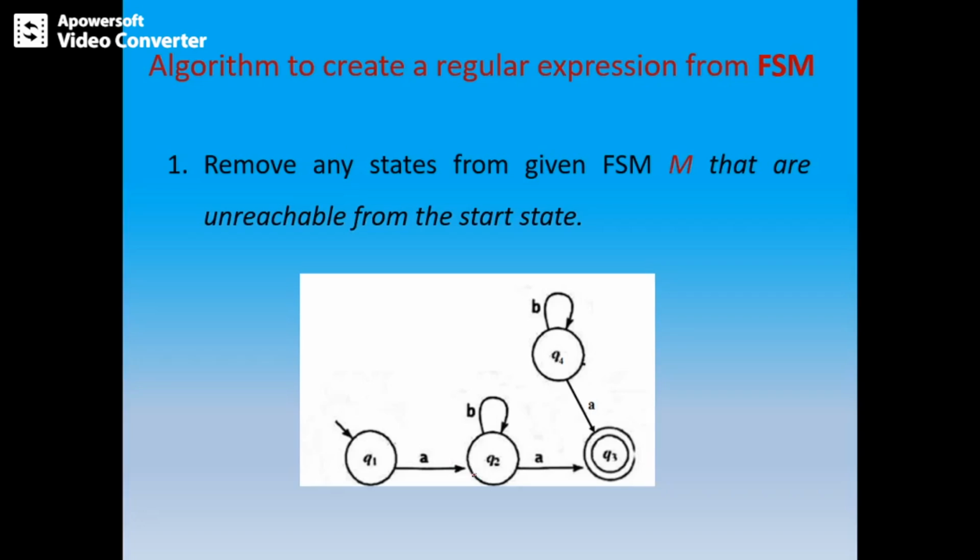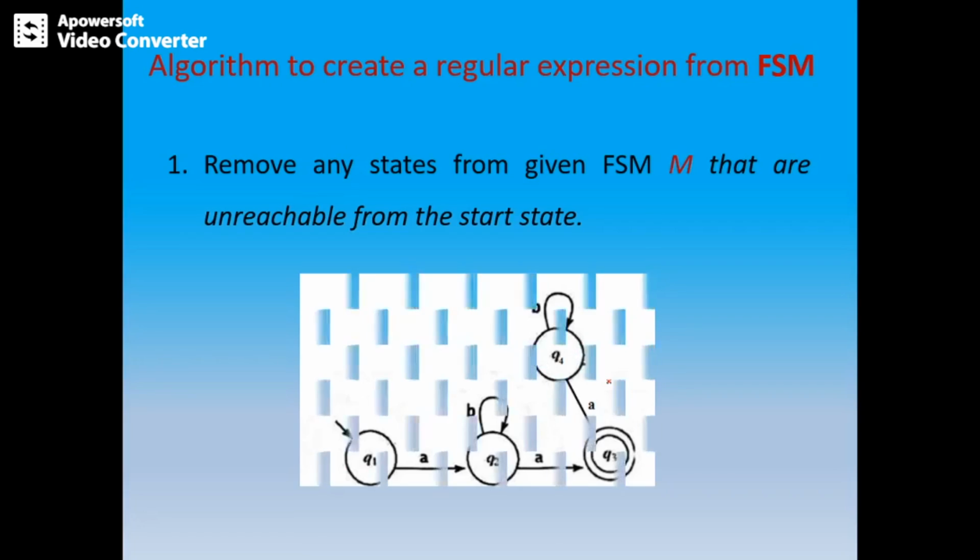Q2 has a directed path, Q3 has a directed path. You can observe here to here, here to here. Whereas Q4 doesn't have one. If a particular state is not connected from Q1, then you should remove that state as well as the transitions from it.